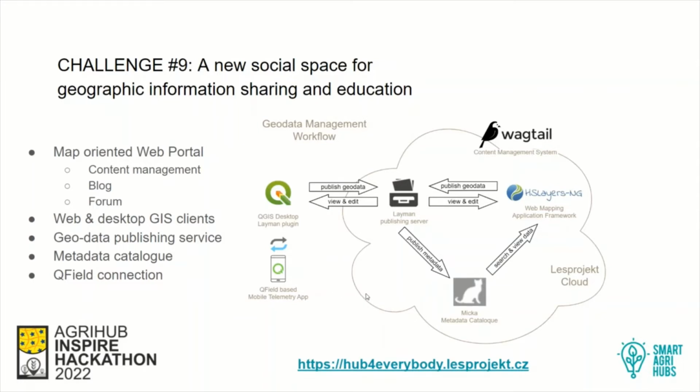QField is a native mobile app based on the same libraries as QGIS itself. It is designed to work with maps out in the field and to collect data. Close integration of QField into the hub is actually covered by another challenge, and that's challenge number 10. So if you are interested, please check this one too.